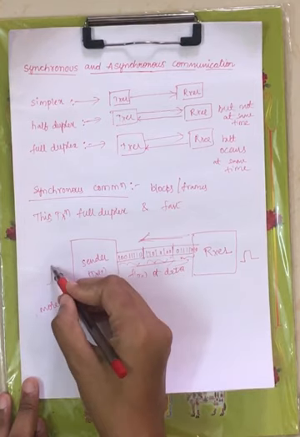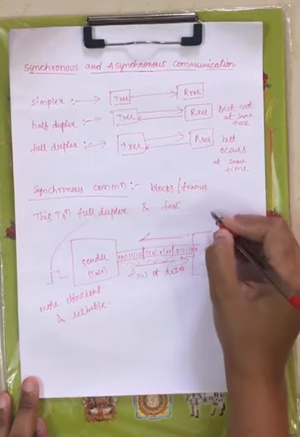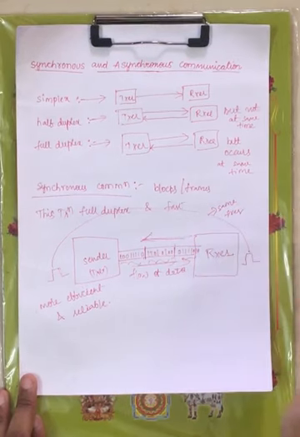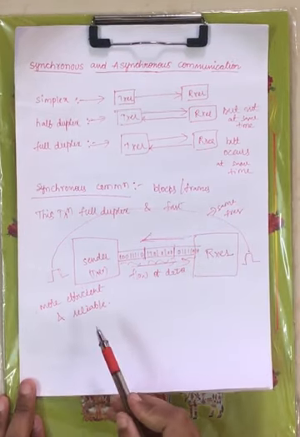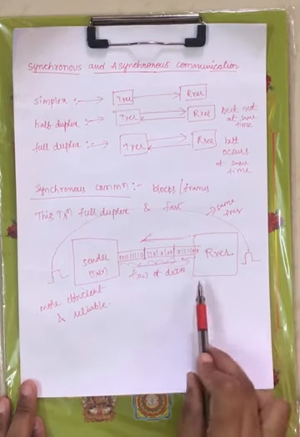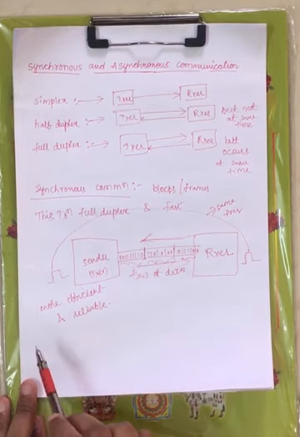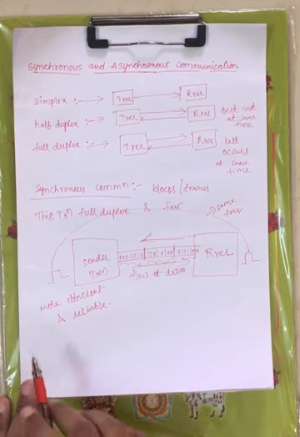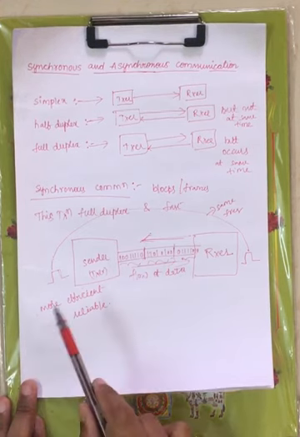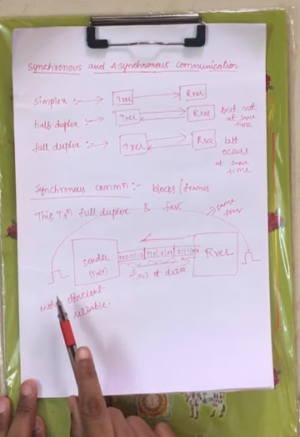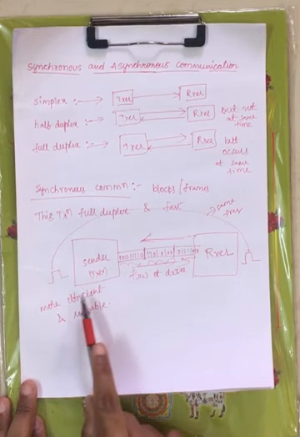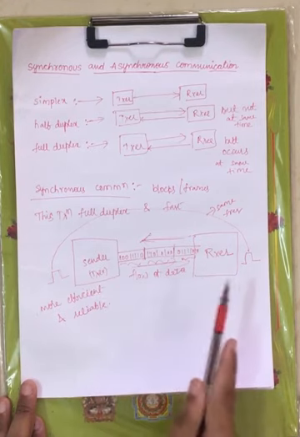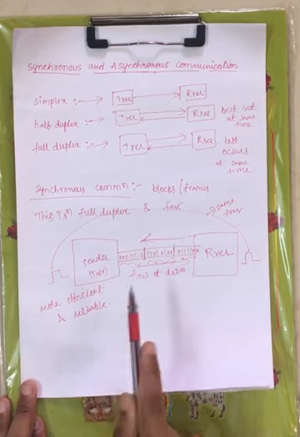If these two clock signals, the clock signal of the transmitter and the clock signal of the receiver, are operating at the same frequency, then we call it synchronous communication, right? Under synchronous communication, the clock frequency of the transmitter and the clock frequency of the receiver are maintained the same, right?